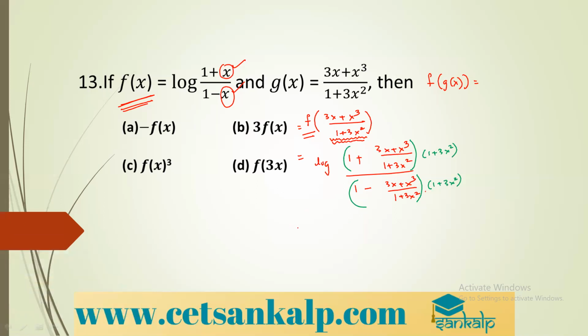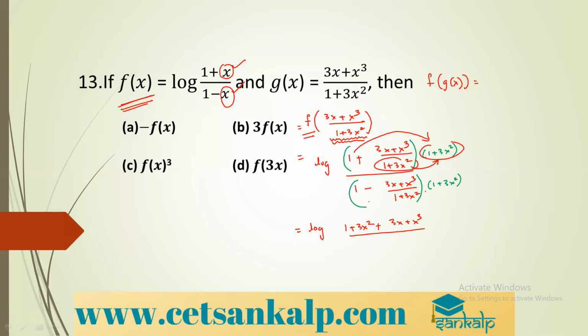Okay, how to simplify this? I will have log of, first of all, 1 I will multiply with this. 1 plus 3x square plus, when I multiply these two, 1 plus 3x square and 1 plus 3x square, both will cancel. Left of just 3x plus x cube.